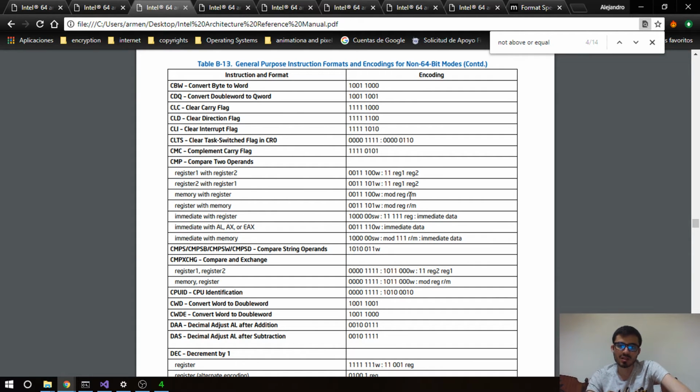Probably it's possible that it has an SIB, for example, from memory with register, where we're comparing a memory data section, so memory data with the register. So we have mod M and the register. Right here we don't have any immediate data information, but since we have the mod rec RM, we have to look at the lookup table and see that we have an SIB that's probably in there because of the way that we are addressing the memory itself.